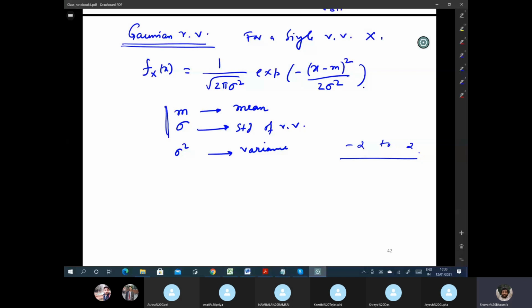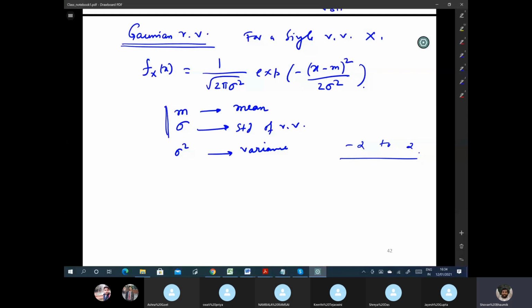I am not discussing how you can do it, but in the discrete domain, suppose you are approximating this Gaussian distribution with say 10,000 points and weights. Then you take 10,000 points, take the mean of it, you will get very close to m. Take the standard deviation of it, you will get very close to sigma. And this probability density function PDF will be 1 by root 2 pi sigma square e to the power minus x minus m whole square by 2 sigma square.